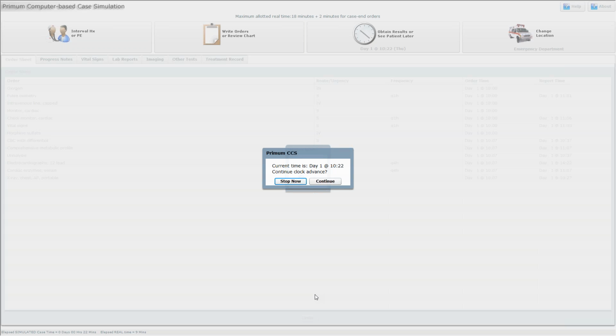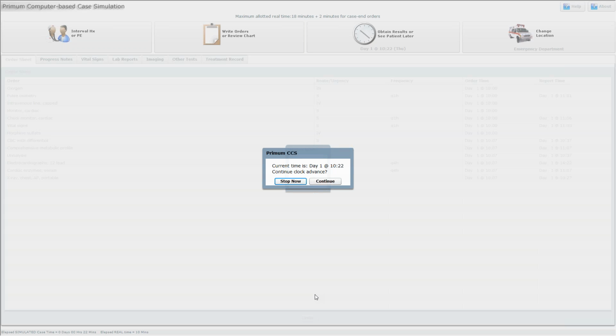To continue the previous case, I told you the triad is widened mediastinum in the chest X-ray, along with hypertension and tachycardia and chest pain radiating to the back. So I was going to meet the triad, and I got the chest X-ray done and advanced the clock to 10:27, but the EKG popped up in between. In this case, it's not suggesting an MI. But let's say in another case it suggested an ST elevation MI.